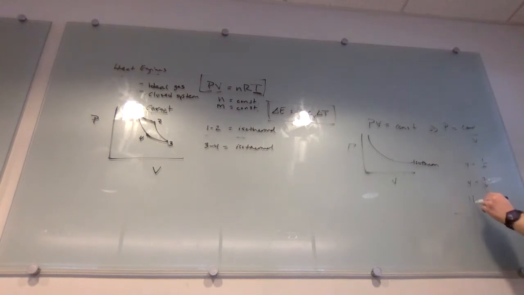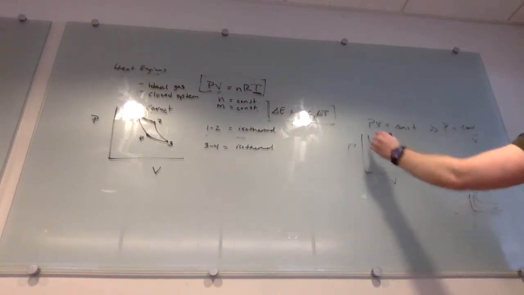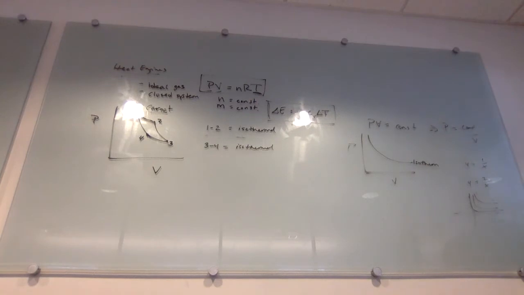Well, if 1 over X is like this, 2 over X is maybe like that. Maybe it's smaller, whatever, it doesn't matter. The point is that you could put any number here and you'd get something with roughly the same shape. You could get it to be really squeezed in, but it has roughly this shape. So all the isotherms look like this, and they all have different temperatures.